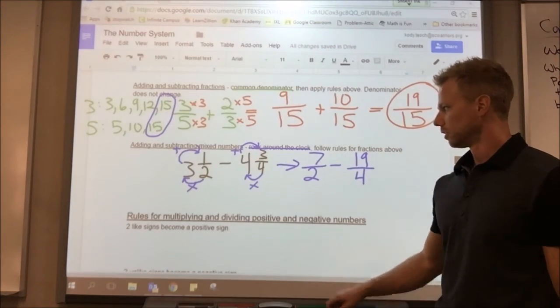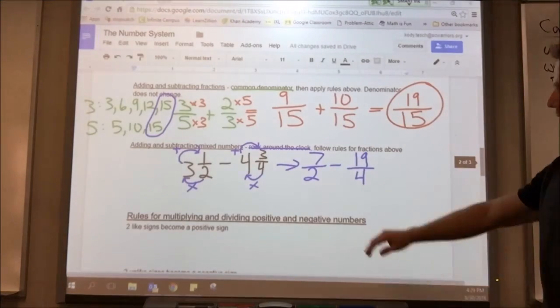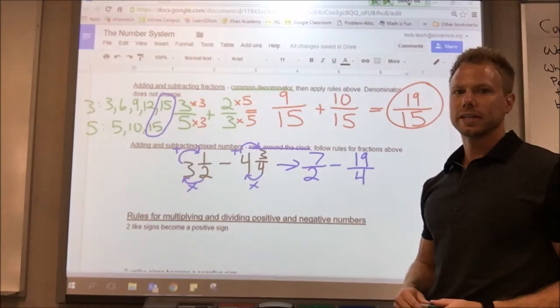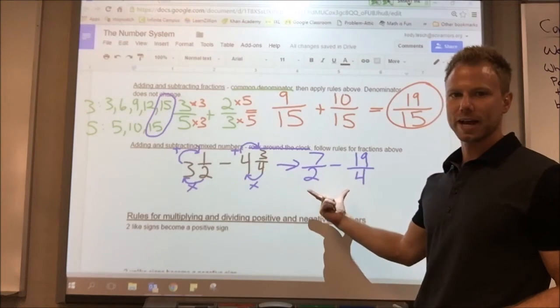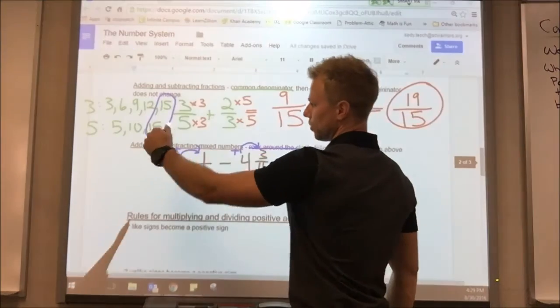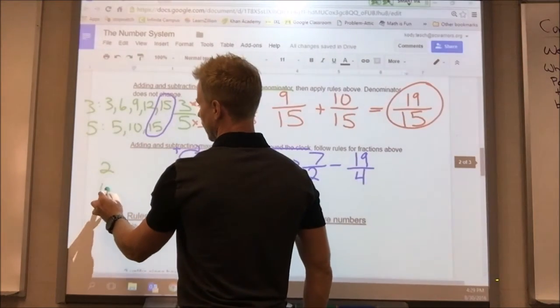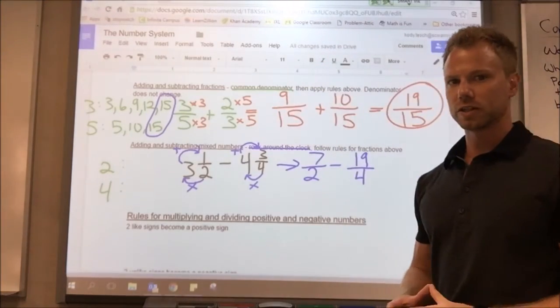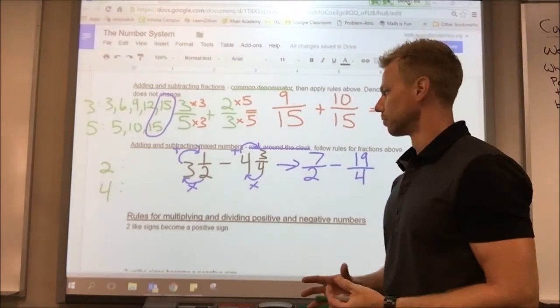Okay? We rocked around the clock. We turned those mixed numbers into improper fractions. Now we can find a common denominator so that we can subtract. So again, we do the same thing we did up here. We need to find multiples of 2 and 4 until we find the smallest number that 2 and 4 both go into.